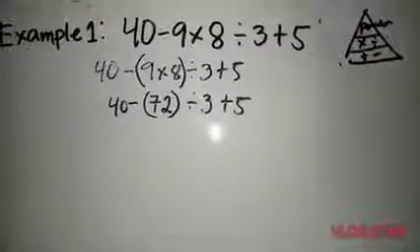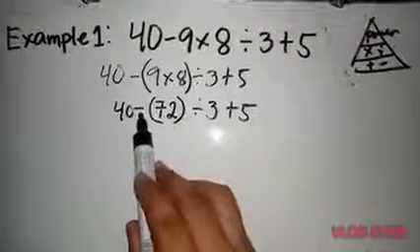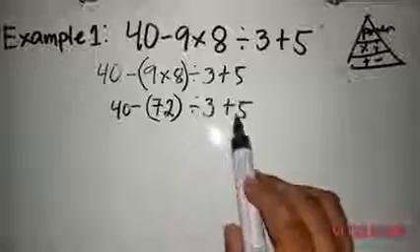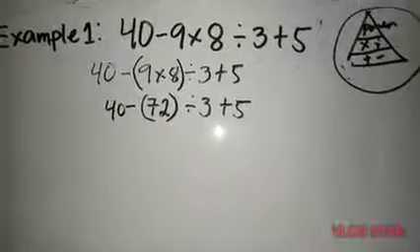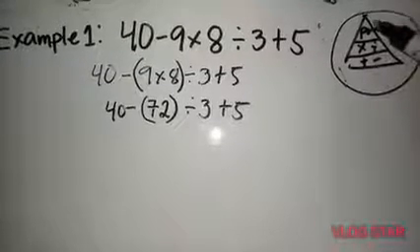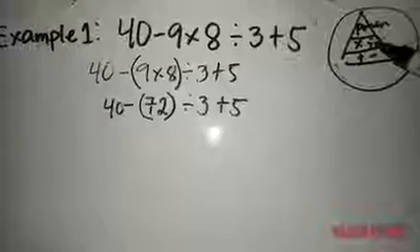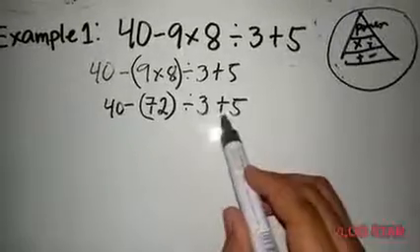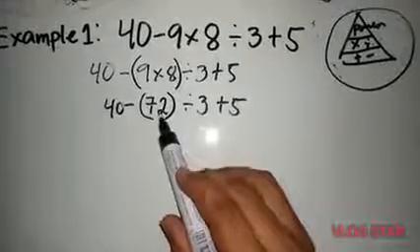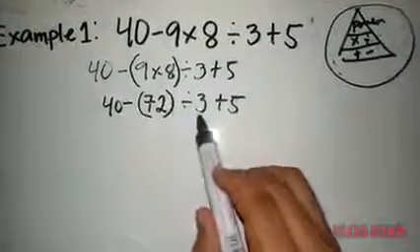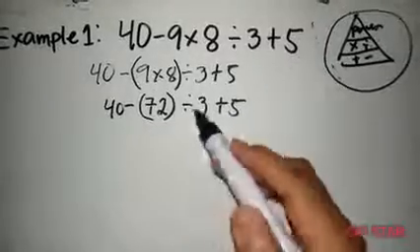Next, check again the order of operations: subtraction, division, and addition. In this level of operations, since there's no power, next is multiplication and division. So you can see that there is a division operation here, which is 72 divided by 3. So we will evaluate this.